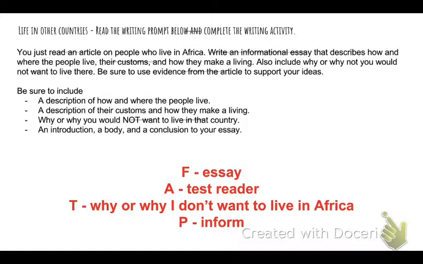So right here, my 3 bullet points. My first one says how and where the people live. Second one is customs and how they make a living. And then my last one is why or why I would not live in that country. Okay, so the first one is how and where the people live. Second, customs, living, and why or why not I would want to live in that country.